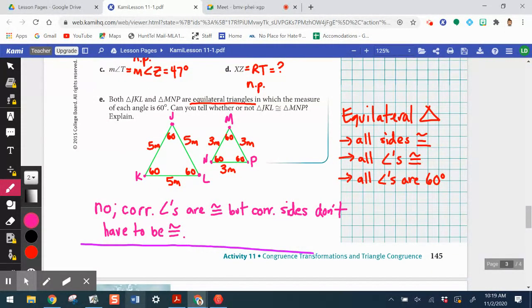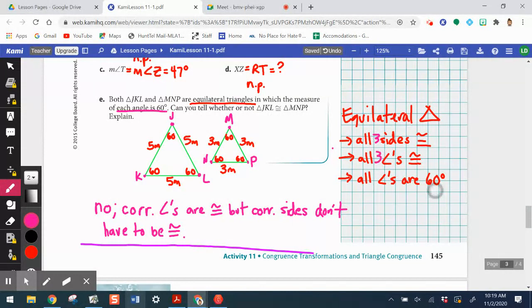Last one on Try These A. Part E says both triangle JKL and MNP are equilateral triangles. Do you think that's important? Yes, in which the measure of each angle is 60 degrees. So let's break that down. In an equilateral triangle, all three sides are congruent and all three angles are congruent.